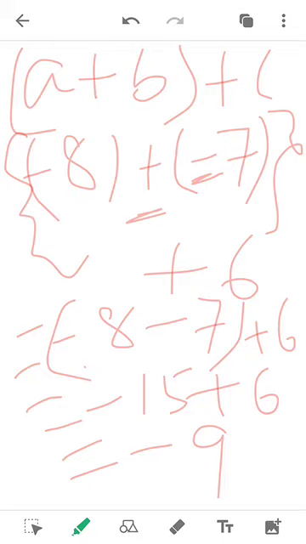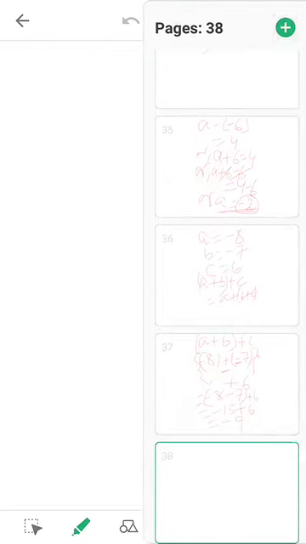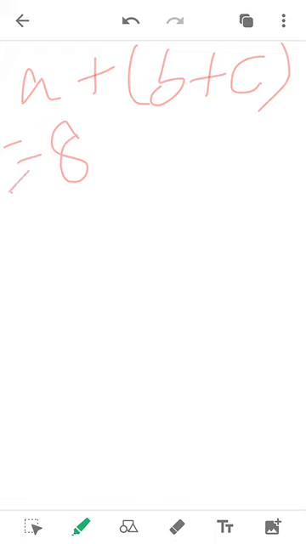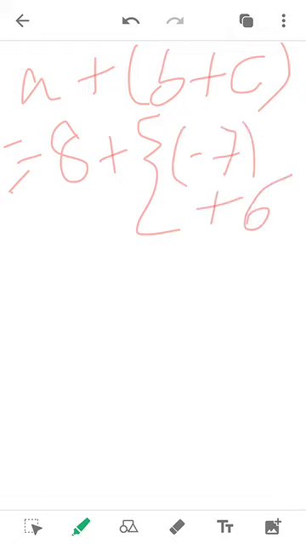Now from RHS, a plus b plus c. Here we have a is equal to minus 8 plus b is equal to minus 7 plus c is equal to 6.